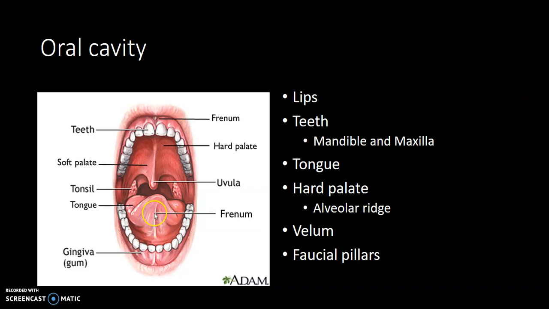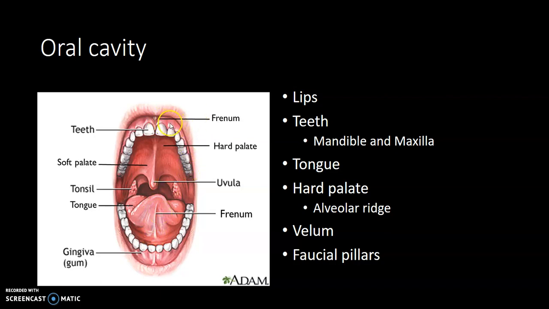We're not going to really focus on them so much. I bring them up because your textbook talks about tongue tie, or ankyloglossia, which is the frenum under here being too tight. But we're not really going to focus on that in the class. Just know that that's a thing in your mouth.